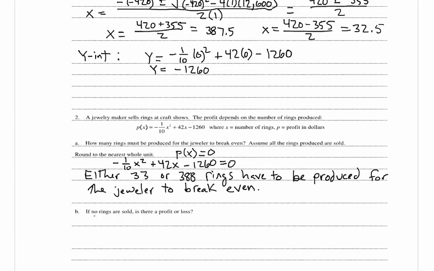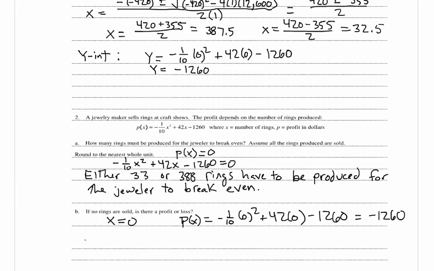And in B, they ask, if no rings are sold, is there a profit or a loss? And if we didn't produce any rings, then x would equal 0. And then we would have P of x is equal to negative 1/10 times 0 squared plus 42 times 0 minus 1260, and that's equal to, above we found, negative 1260.